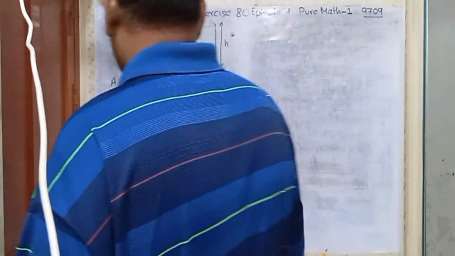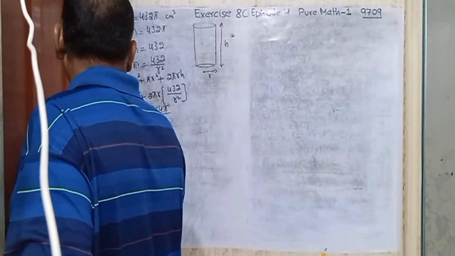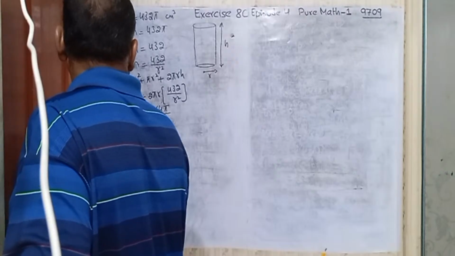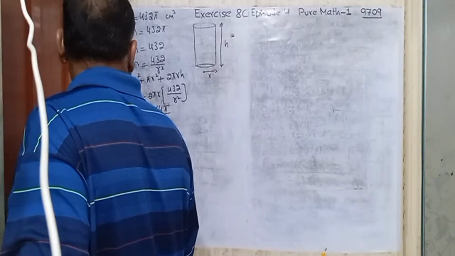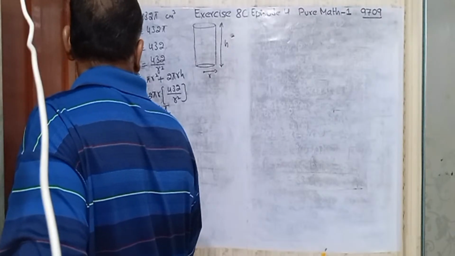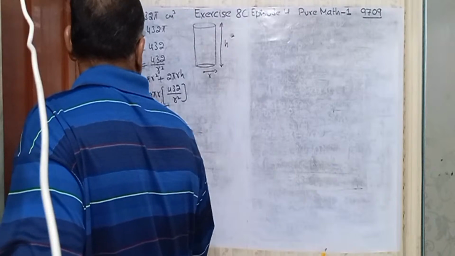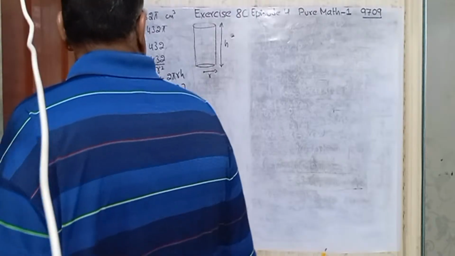Okay, so first of all, I have to differentiate it. dA by dr will be equal to 2 pi 2r, and this will be 864 pi, and the minus 1 will come on the side. R will have minus 2.